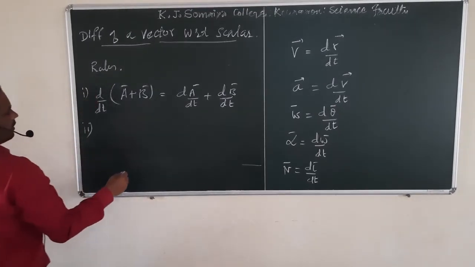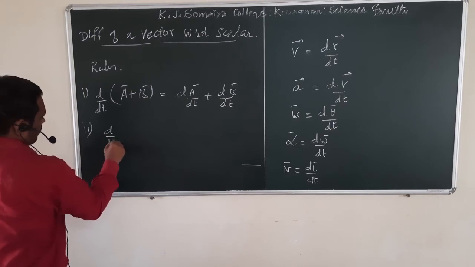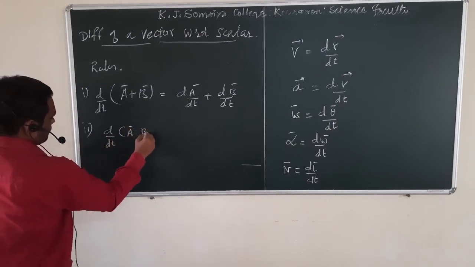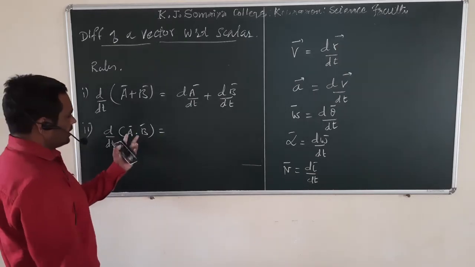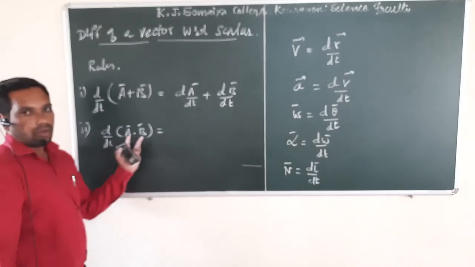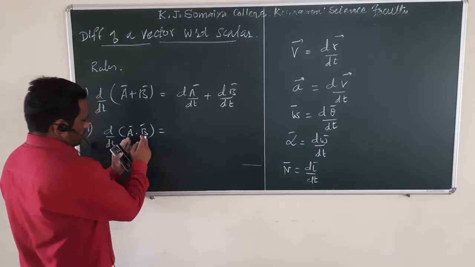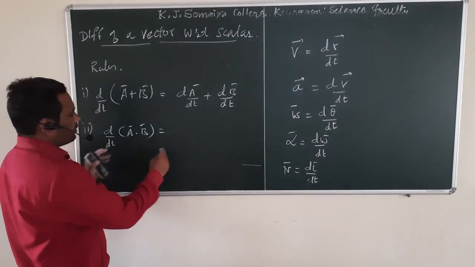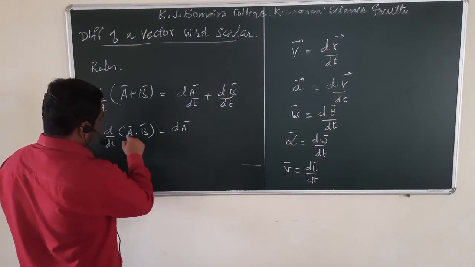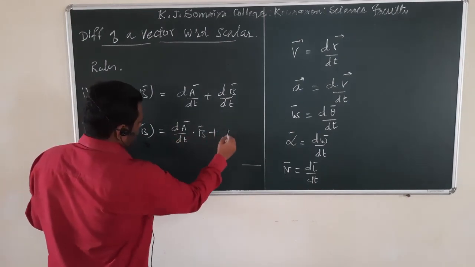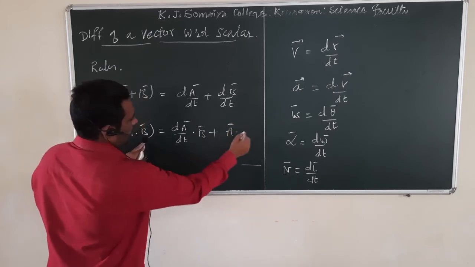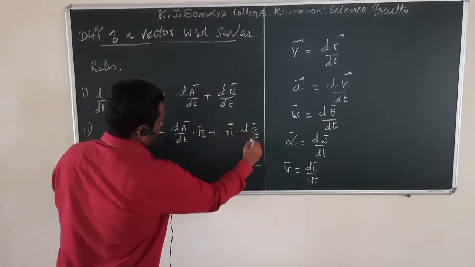Second rule, the derivative of a dot product. Again, using the dot product distributive law and the product rule of derivatives, this is the derivative of the first vector with respect to time dotted with vector b, plus a dotted with the derivative of the second vector.